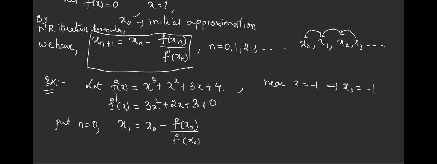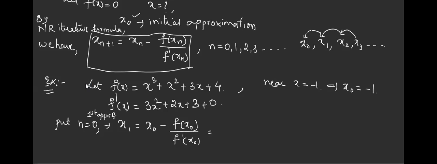Correct? Nothing else I did; wherever n was there, we substituted 0. This is called the first approximation. x naught is the initial value, and x1 is the first approximation. Here you will not get the answer directly, you will get approximations. When you go for 3, 4 approximations, ultimately you will end up with the answer.